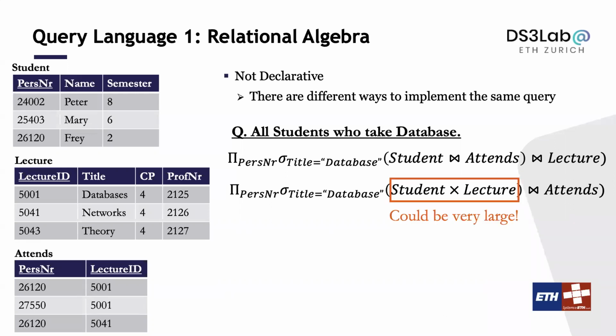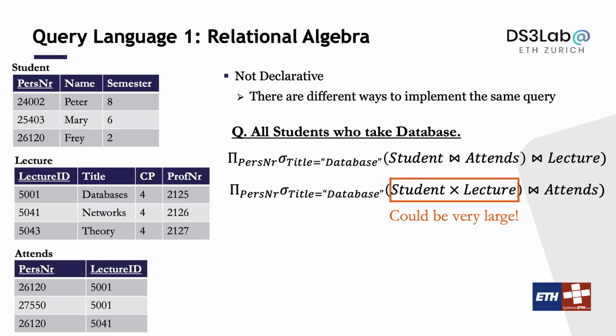But as you can see, this cross product is going to become very, very large. If you have a system that follows this expression, the second way of implementing the same query is going to be much more expensive than the first one. And that's what we mean by the whole thing not being declarative. There are so many different ways, and I'm actually telling the database how to get the answer.